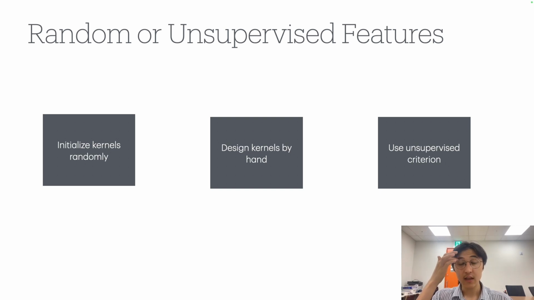The first was initializing the kernels of the CNN randomly, which worked well at that time, or designing the kernels by hand, or using an unsupervised criterion to find the kernels.